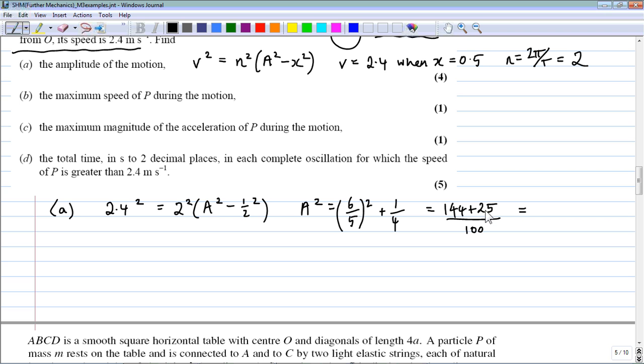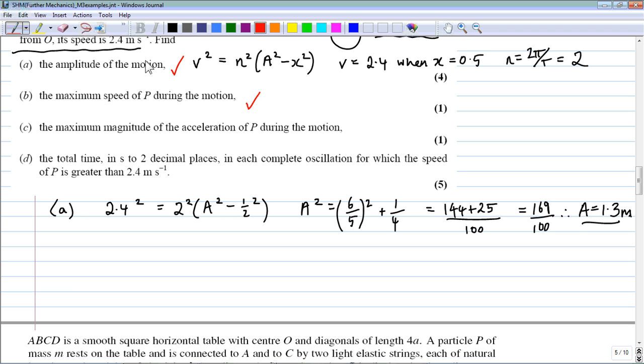So this is 169 over 100. So A is the square root of that, which is 13 over 10. So the amplitude of the motion is 1.3 measured in meters.